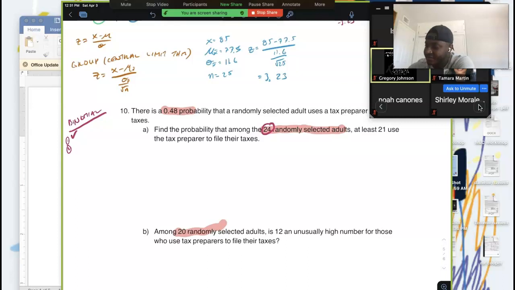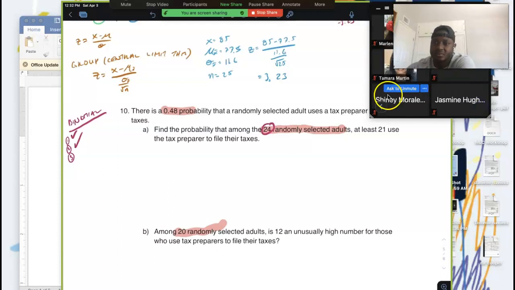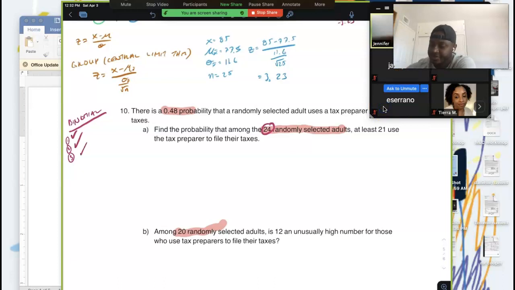So each person deciding to use a tax preparer would be independent. Third, are there two outcomes? What would the outcomes be? They used one or they didn't, right? That's it. And fourth, is the probability of success the same? So our probability is 0.48. So that's that.